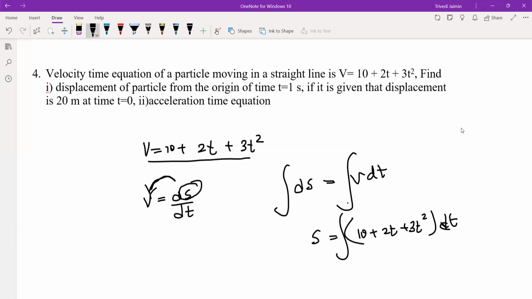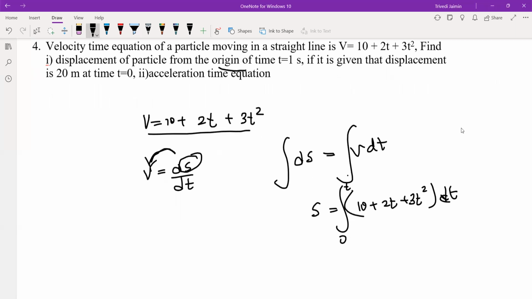The limits they gave start from 0, the origin of time, so the limits are 0 to t. Now let's start the integration with the standard formula.